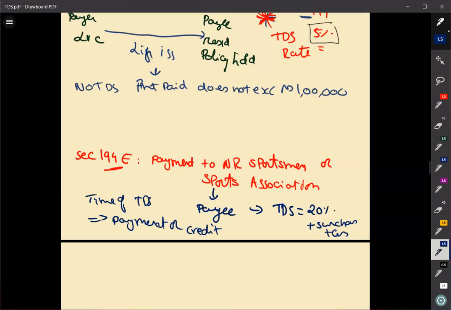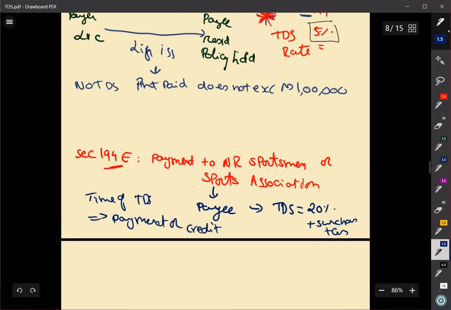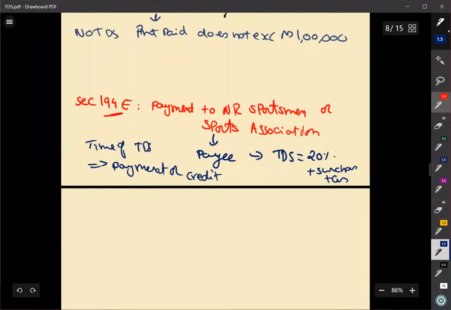Whenever any payment is made to a foreign person who is a non-resident sportsman or non-resident sports association, then 194E is applicable. The payer has to deduct 20% as the rate of TDS. That's it.